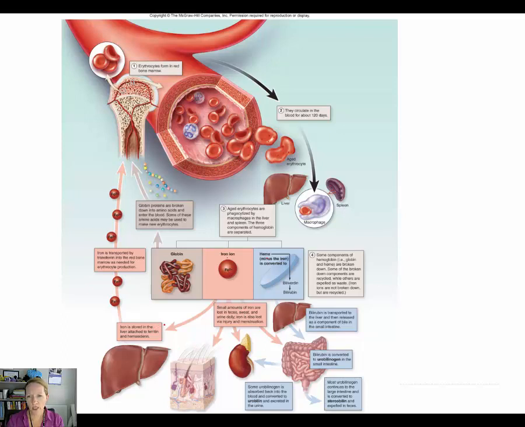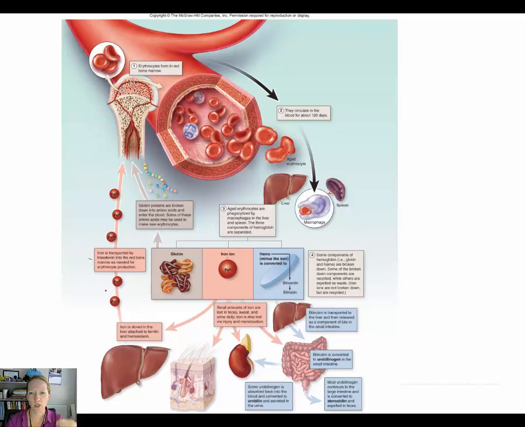But usually it's going to be transported around on transferrin. It kind of tells you what it's doing, right? Transferrin, Fe is iron. And then it's going to go a couple of places. Once it's attached to transferrin and moves around in the bloodstream, that's important, because if it's not hooked onto transferrin, iron is toxic to the body.